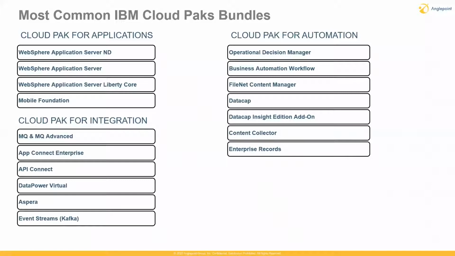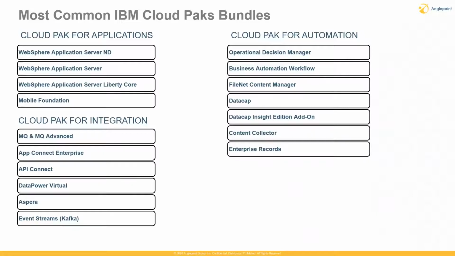The most common IBM Cloud Pak bundles are the following. We have Cloud Pak for Applications, which includes your WebSphere Application Server Network Deployment, your standard base WebSphere Application Server, and WebSphere Application Server Liberty Core, along with Mobile Foundation.